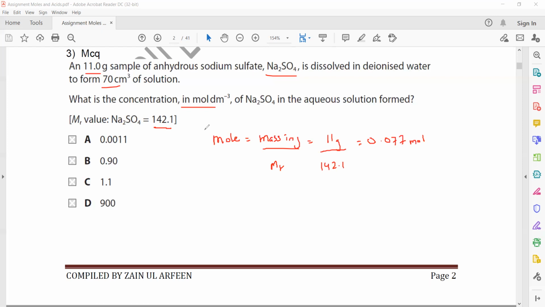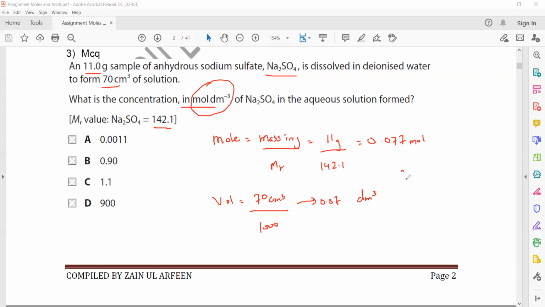Because for the final answer we need a concentration in mole per dm cube, the volume should be in dm cube. The volume here is given as 70 cm cube. We have to convert into decimeter cube. So to convert cm cube to dm cube, we have to divide by 1000. So 70 divided by 1000 is equal to 0.07.